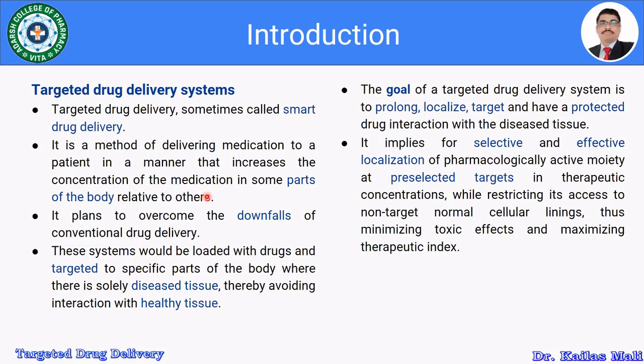If we want to target the stomach for a specific infection, it is possible to target that specific site by using different approaches or different polymers. So it is a method of delivering medication in a manner that increases the concentration of the medication in some parts of the body relative to others.